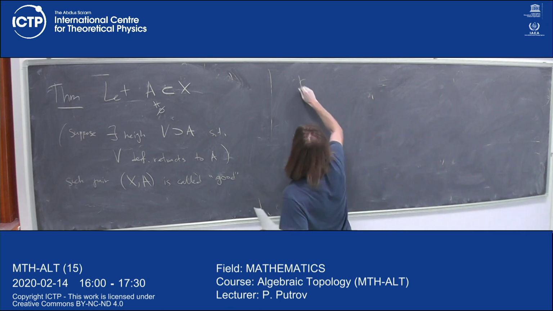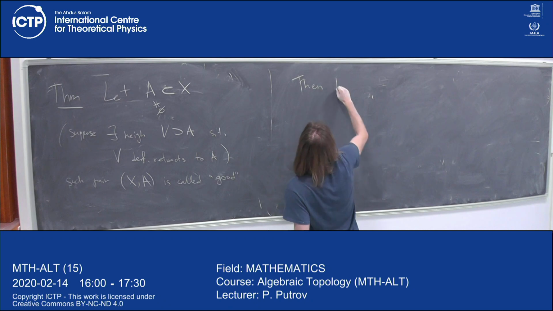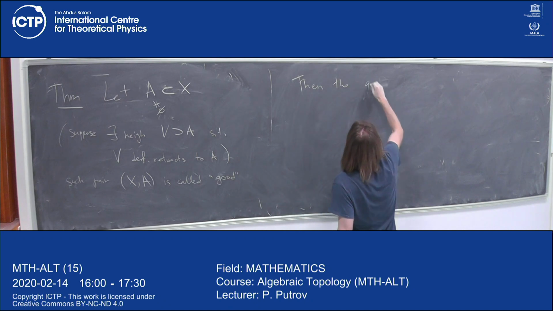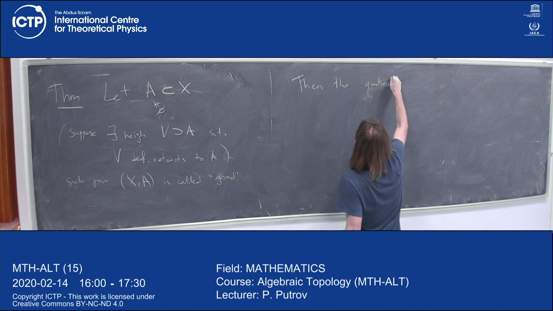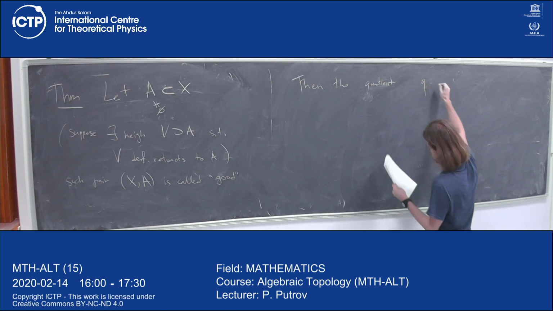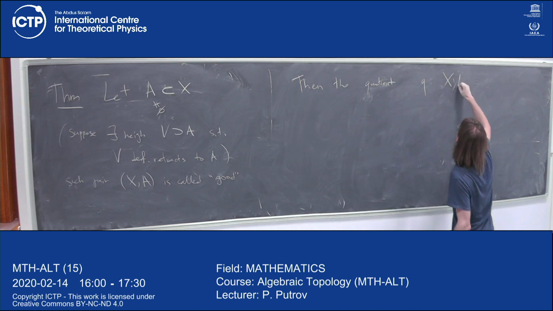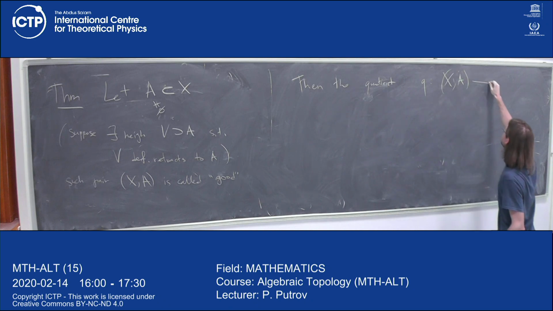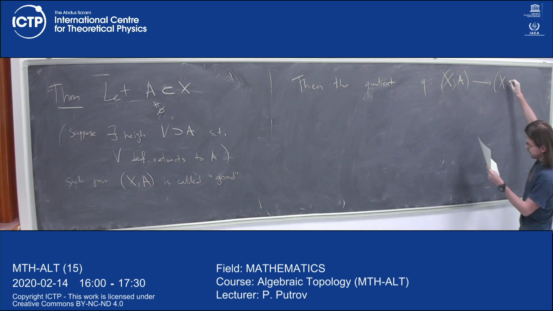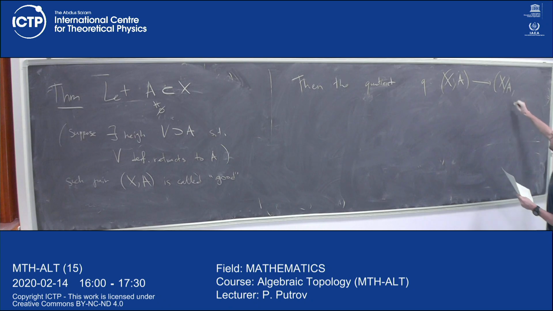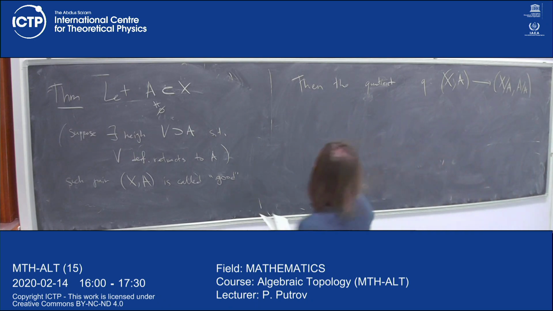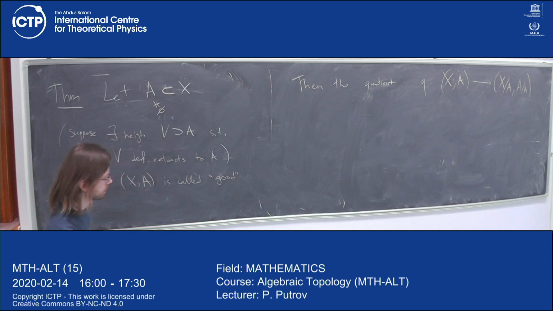Okay, then the quotient Q. So this is the topological quotient where we identify elements in A. So we collapse A to a point.